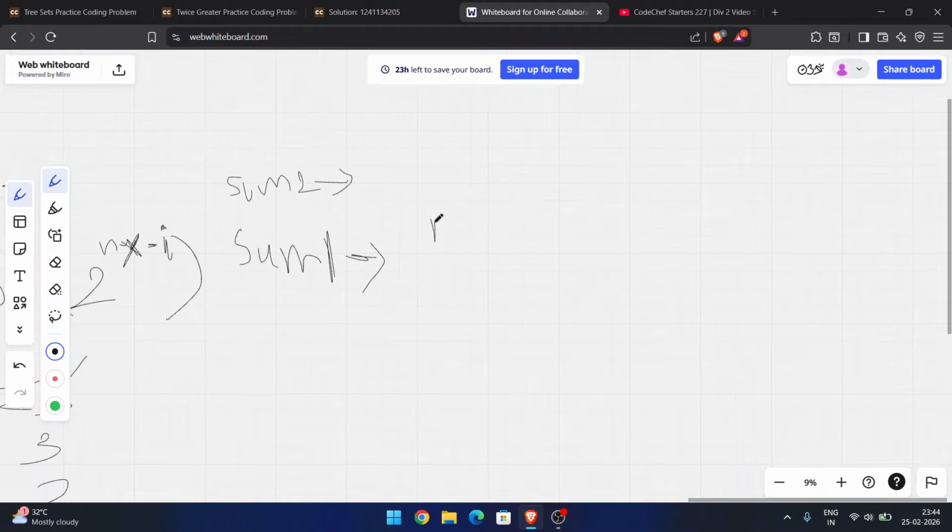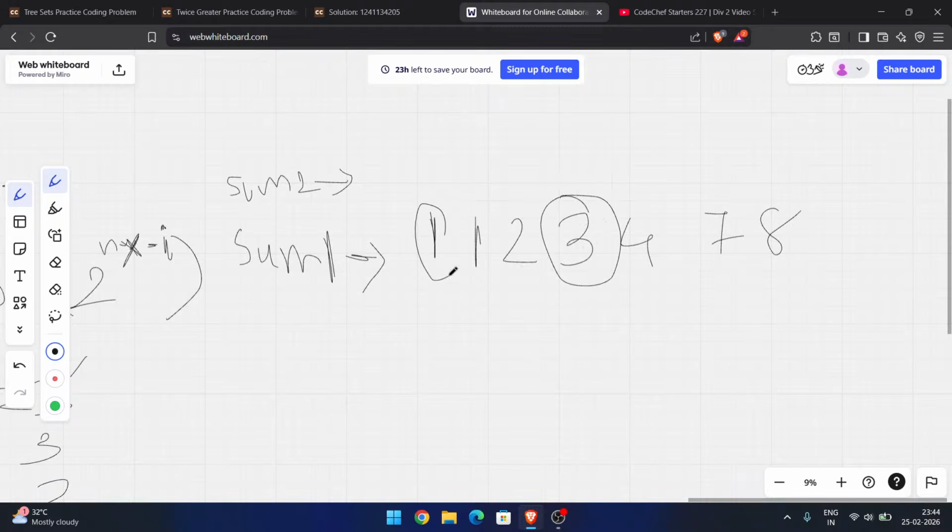Let's say this was the array. In how many subarrays would it contribute towards this? The one would be if we take this and this.